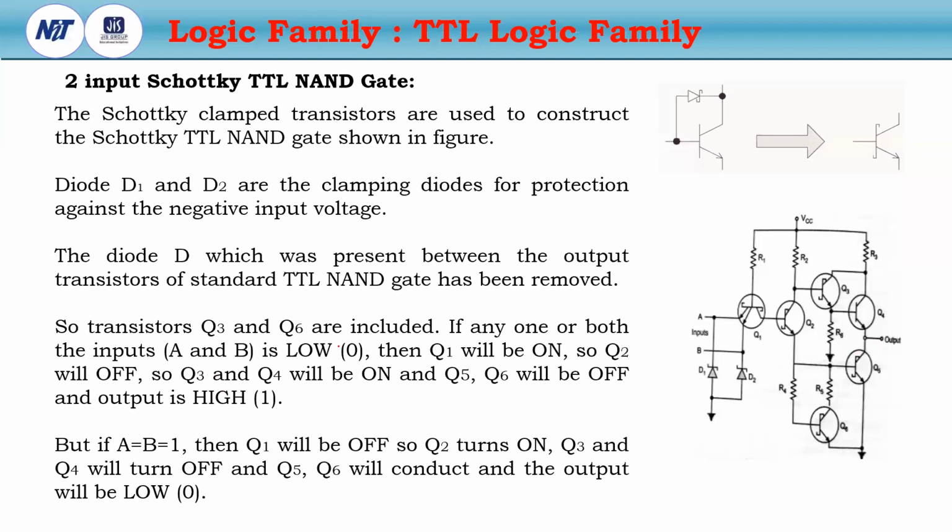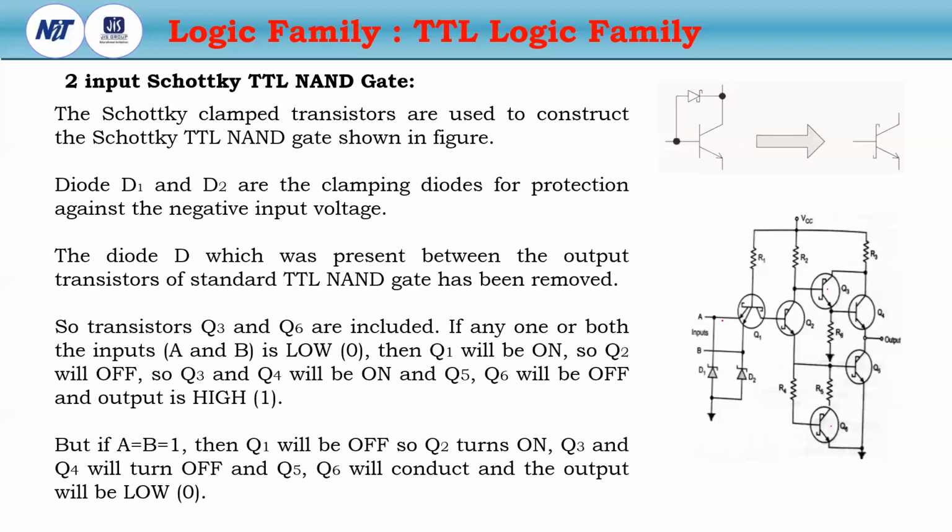The transistors Q3 and Q6 are included additionally. If any one or both of the inputs of transistor Q1 is low, suppose this is low, this is low.